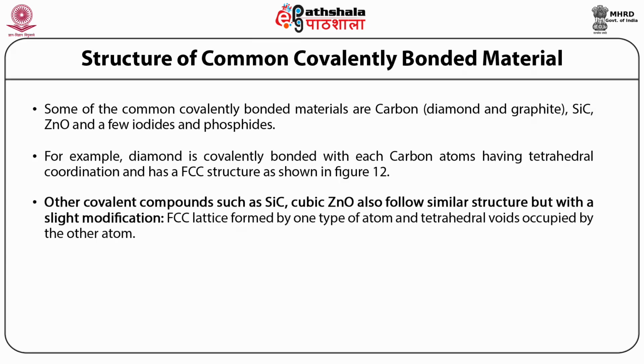Other covalent compounds such as silicon carbide and cubic zinc oxide also follow a similar structure but with a slight modification: an FCC lattice formed by one type of atom and tetrahedral voids occupied by the other atom.